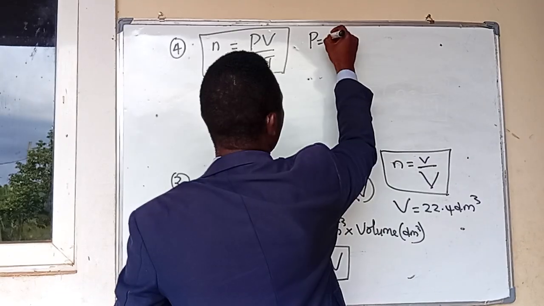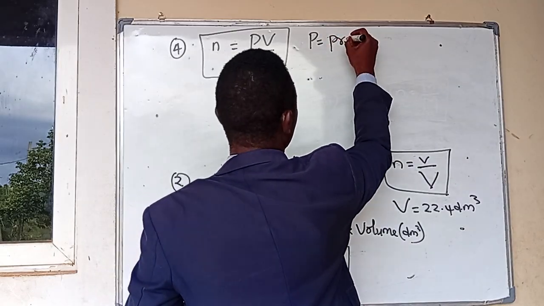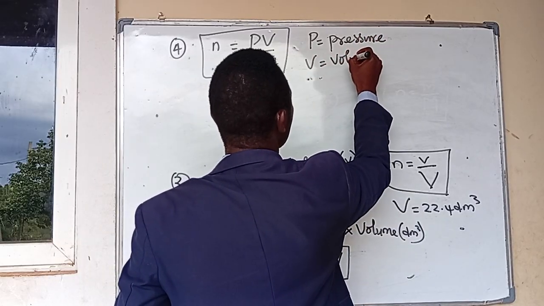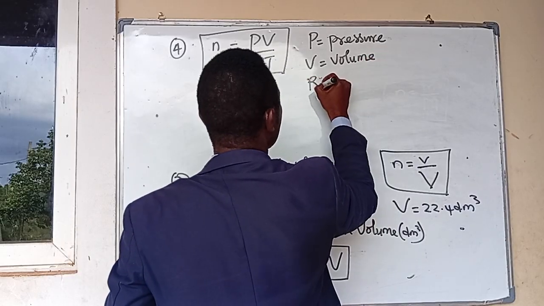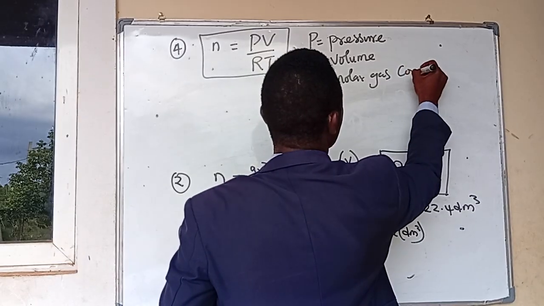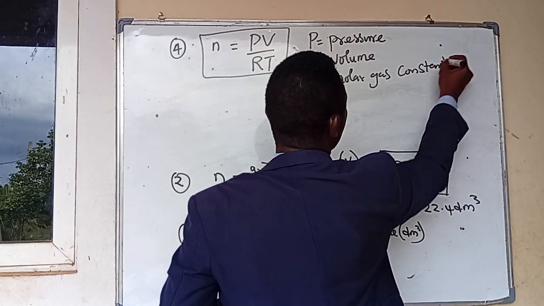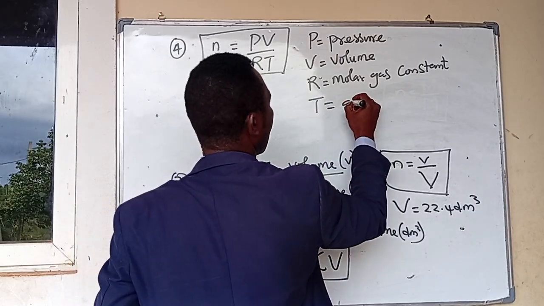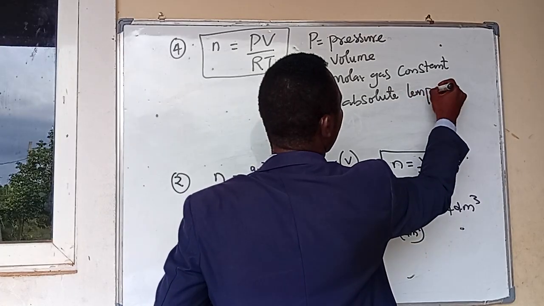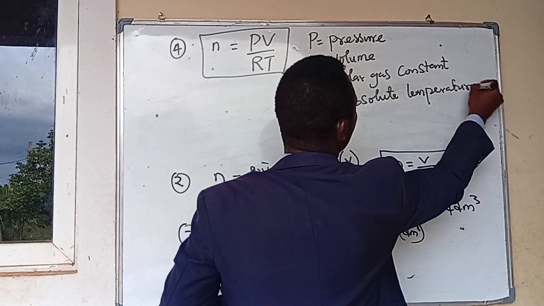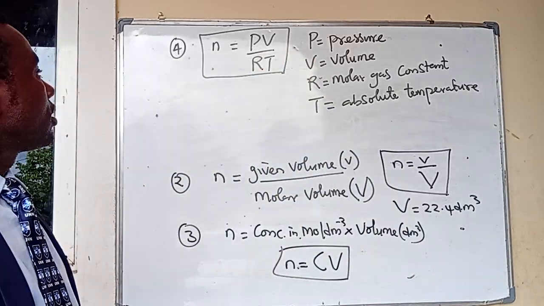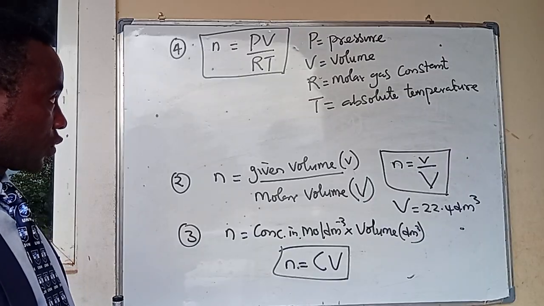Remember that P is pressure, V is volume, R is the molar gas constant, and T is the absolute temperature. We can use these 4 formulas to compute number of moles.